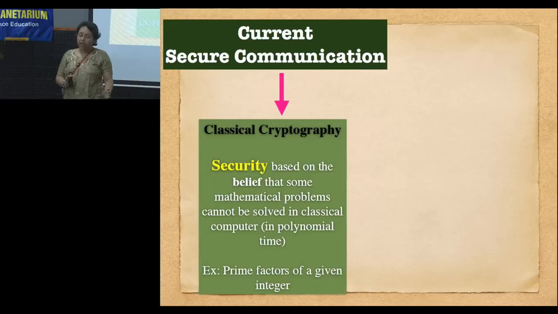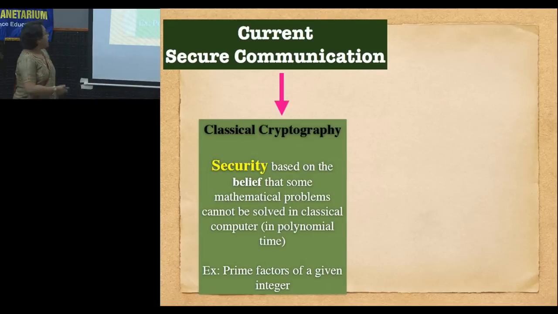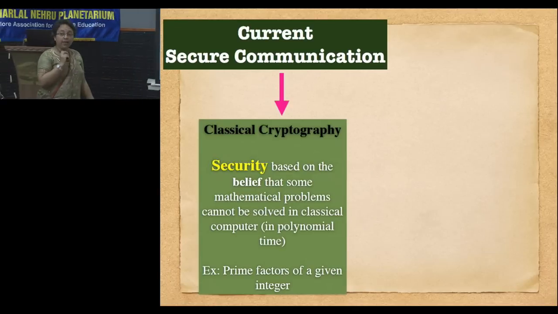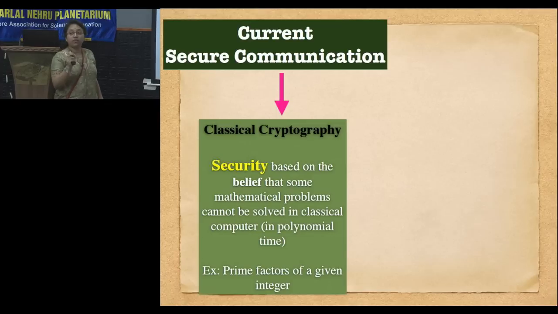The security of the current cryptography system is based on the belief that some mathematical problem cannot be solved on our normal computer, or even on a powerful classical computer, within polynomial time, or within a reasonable time.